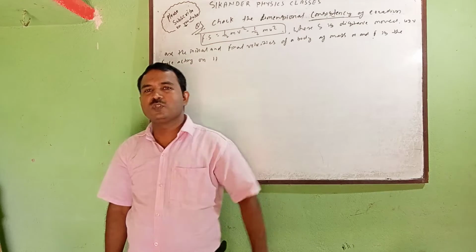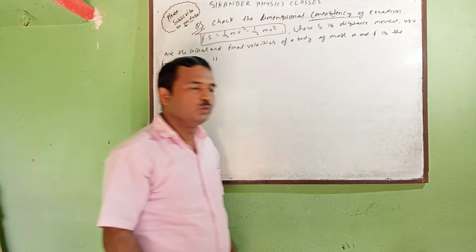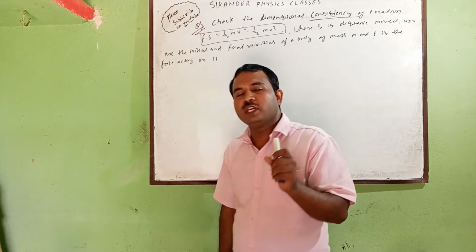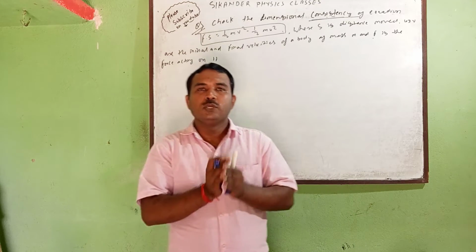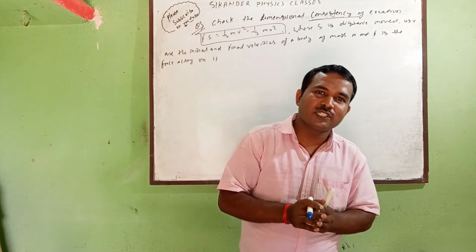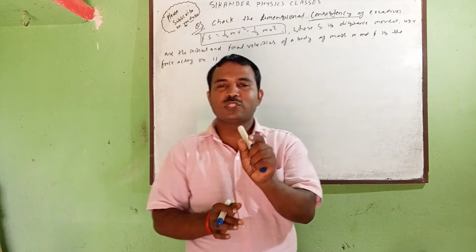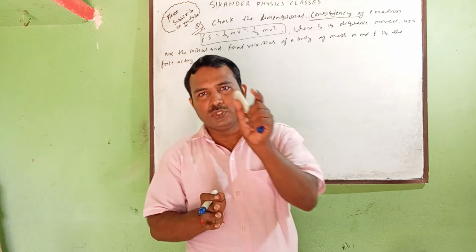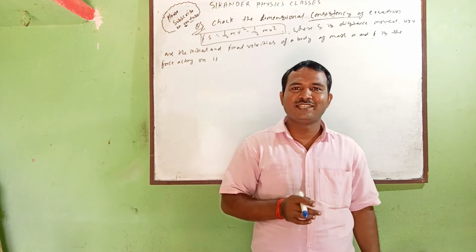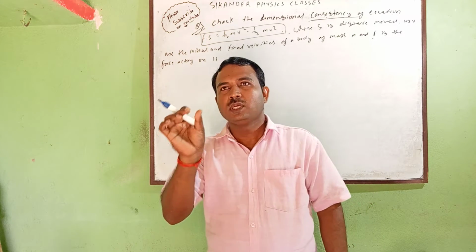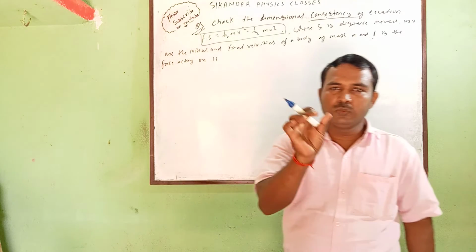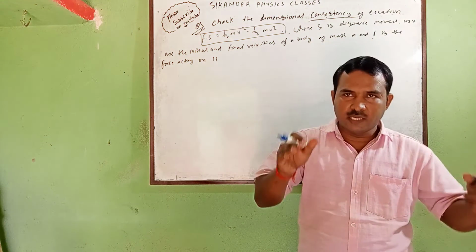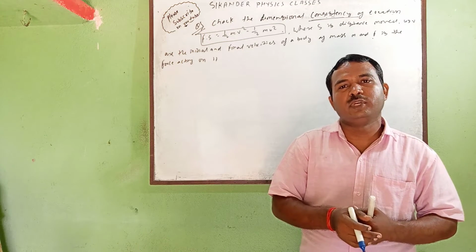Remember one thing we have already discussed: if an equation has addition or subtraction, don't add or subtract the terms; take each term separately, find its dimensional formula, and finally compare them.